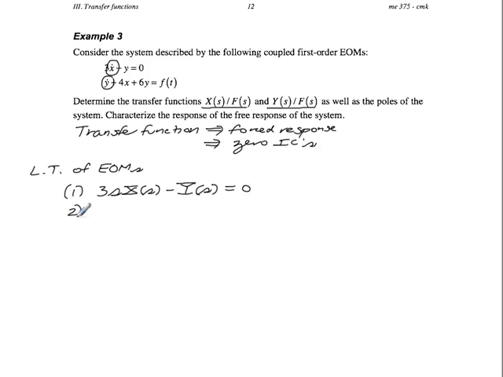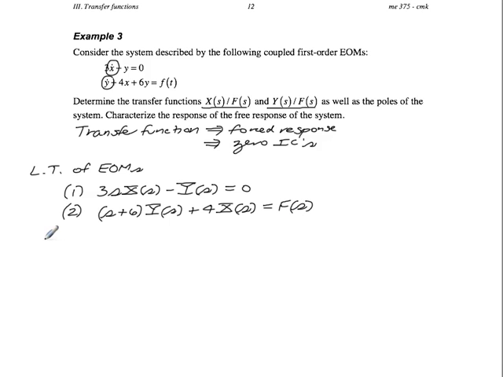And my second equation, which is coming from the transformed second equation with zero initial conditions, is (s plus 6) times y of s plus 4 times the transformed x, and that's equal to the transformed input, which I'm going to call capital F.